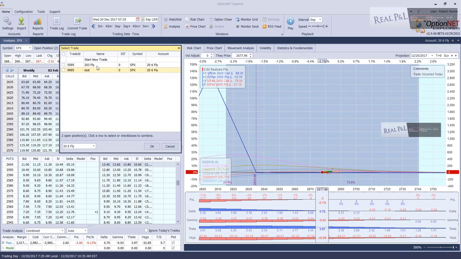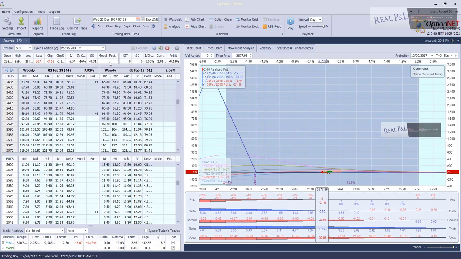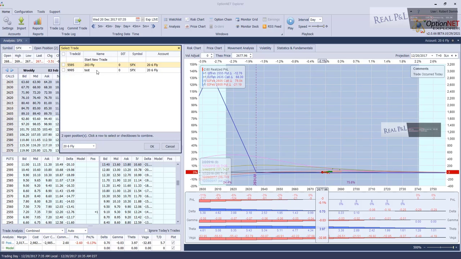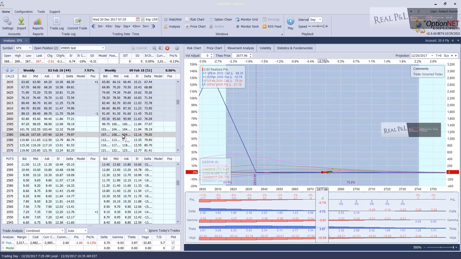There's the previous backtest that I did, number 5,595, and this new one, which is the 9,995th backtest. I'm almost to 10,000. But they're the same trade because I copied it, right? But you saw how I put that in. And there it is.